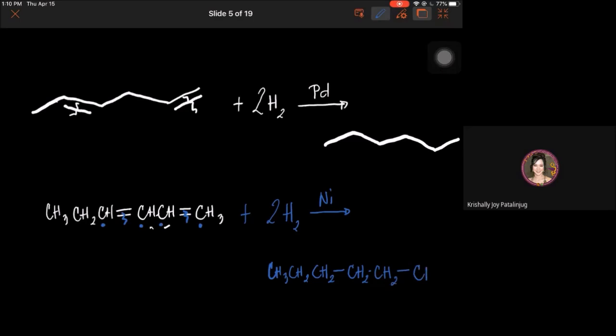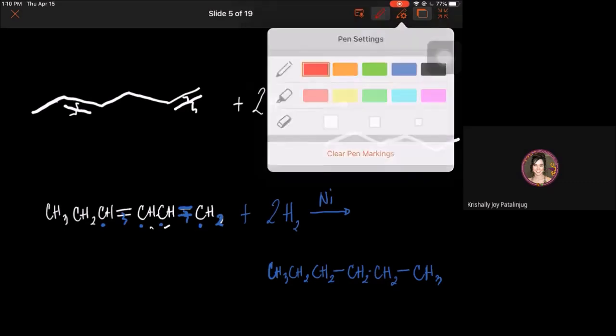This is CH2. Sorry. Kaya na naman siya yung double bond here. Dapat CH2 lang. Yung nasa terminal carbon. So, CH3. Okay? Di ba nag-change ang part na ito?